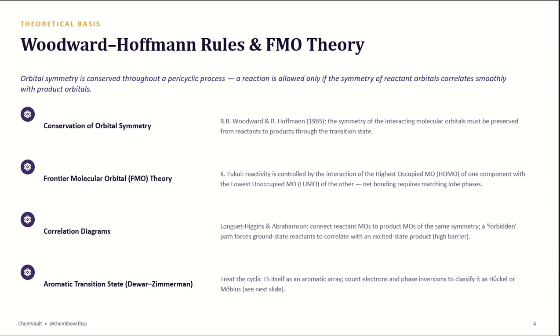Finally, Dewar and Zimmerman gave us a shortcut, treating the entire cyclic transition state as if it were an aromatic system. That's what we are going to use for most of our rule derivation, and it's covered on the next slide.